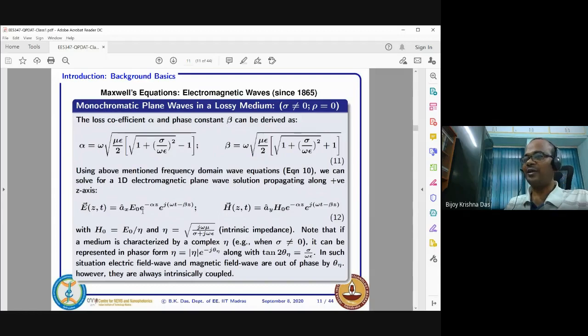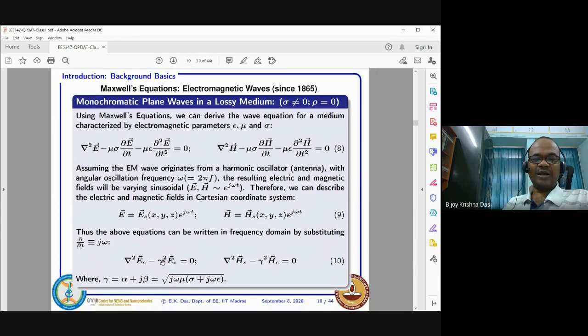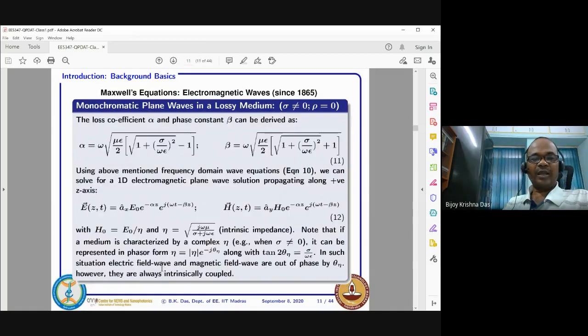It cannot amplify, right? So we'll only accept the feasible solution here. That means alpha must be negative. So we should consider gamma as a negative value. Although e to the power plus minus gamma z will be there, we'll be taking gamma with a negative sign. So if you take a negative sign, that is minus alpha minus j beta z that will be coming. So this is what is coming here.